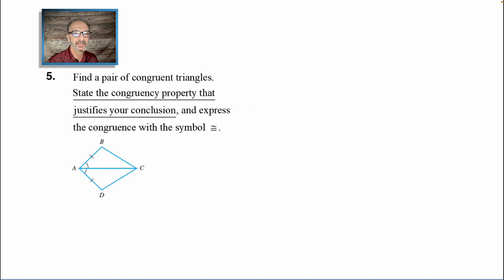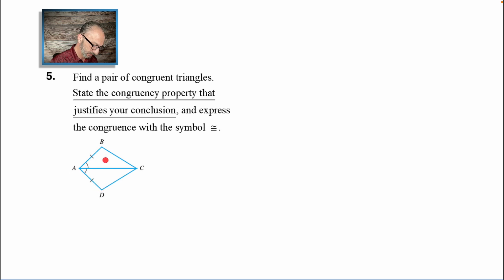Number 5. Find a pair of congruent triangles. State the congruency property that satisfies your conclusion and express the congruence with the symbol congruent. Now notice we have the following. This side is marked like this side.